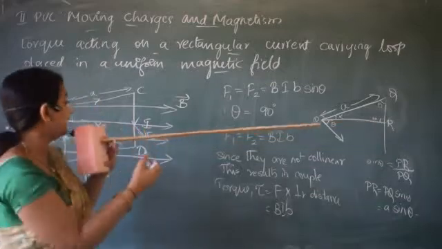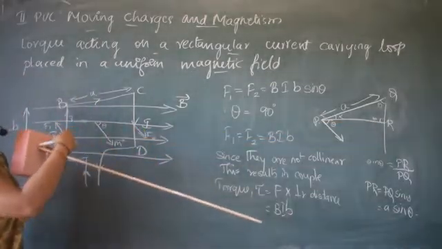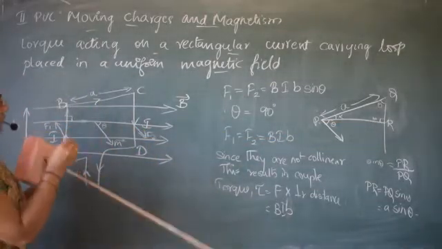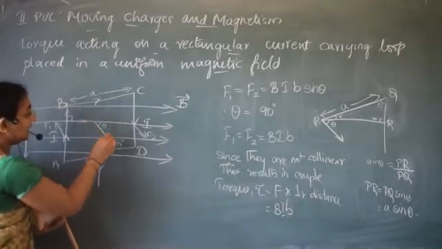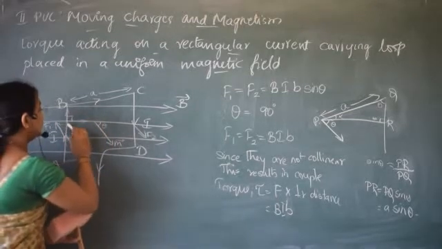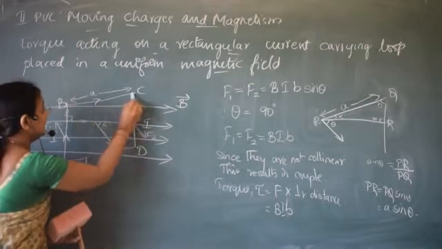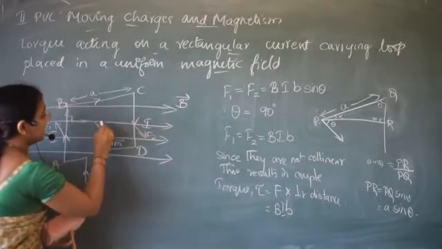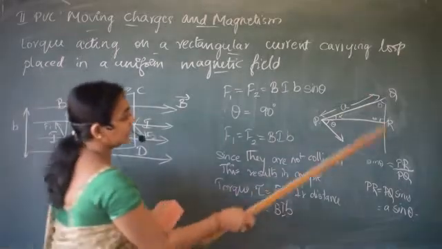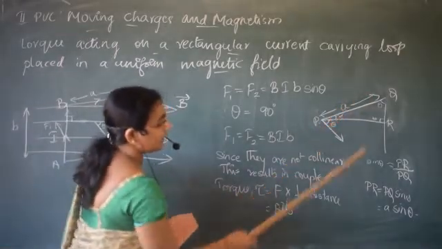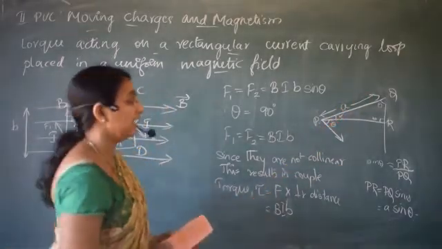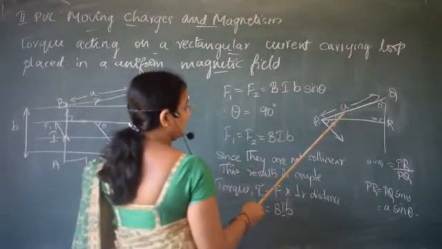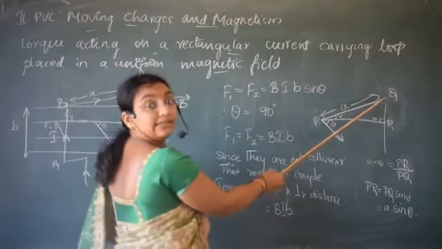Now where is our theta? Theta is somewhere here. So this angle is fully 90 degree, the plane and this one. I'll bring this one over here. This is actually fully 90 degree. So here, theta plus alpha is equal to 90 degree. Therefore if this is alpha, this should be theta.